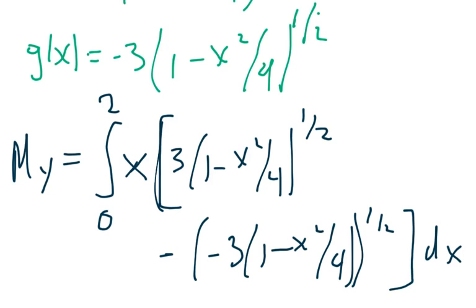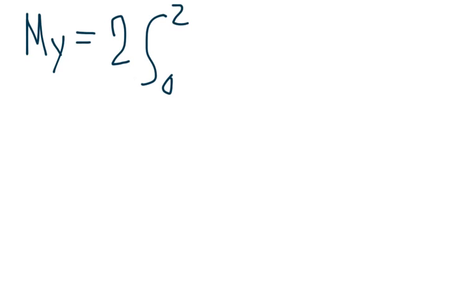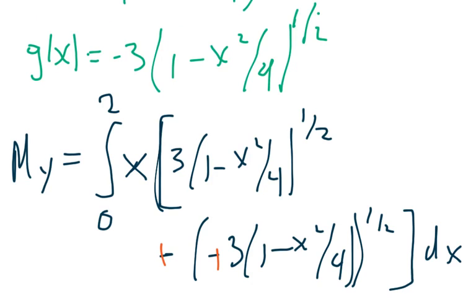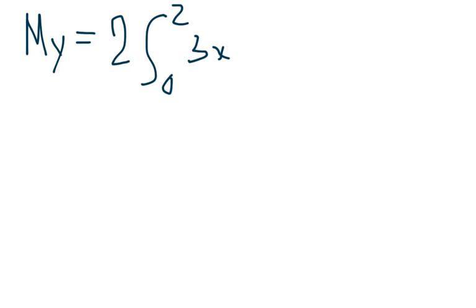Now look, this negative sign just comes in, so we have two of them. So what we really have is that my is equal to 2 times the integral from 0 to 2 of 3x times the square root of 1 minus x squared over 4. I'm going to write this like this.